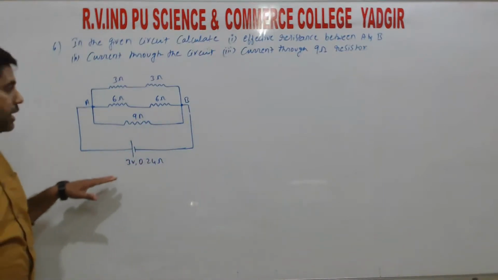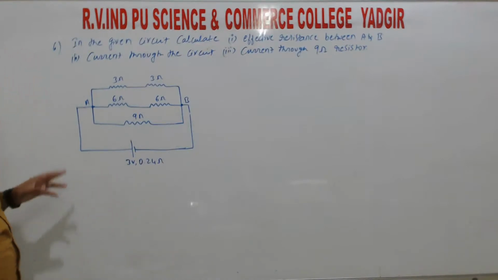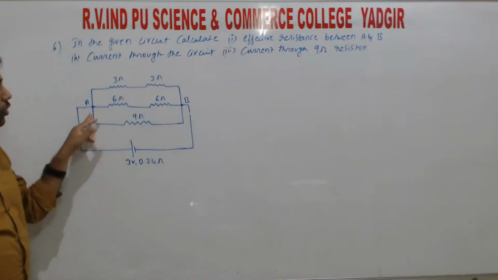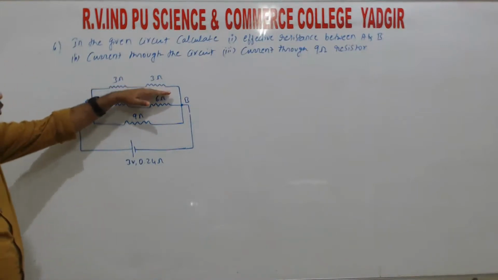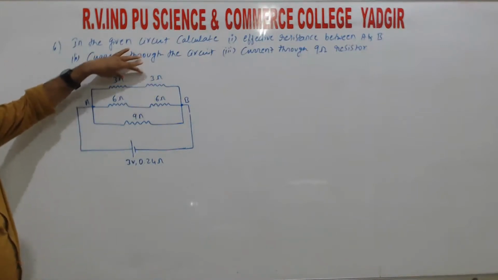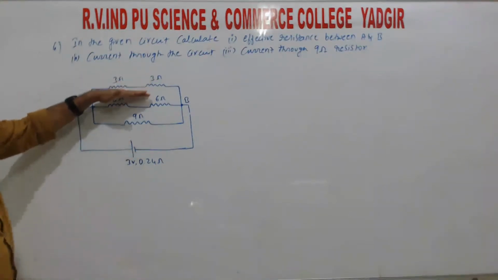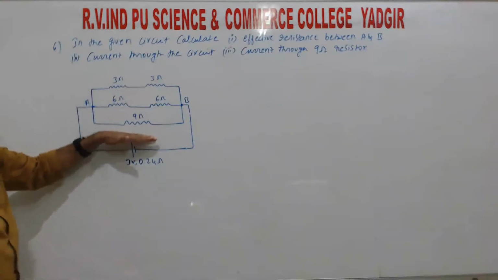So this is the given circuit. Here we need to find the effective resistance between these three resistances. If you observe here, the 3 ohm resistance and 3 ohm resistance, these two are in series. So 6 ohm and 6 ohm, these two are in series, and all these three resistances are in parallel, right?